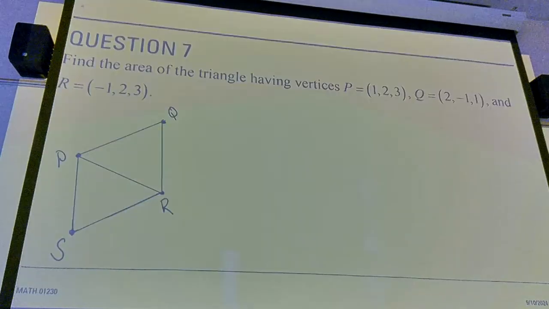So the area of our triangle would just be half the area of the parallelogram. We know the points P, Q, R. We don't know what S is. What vectors do you want to use? What's QP?